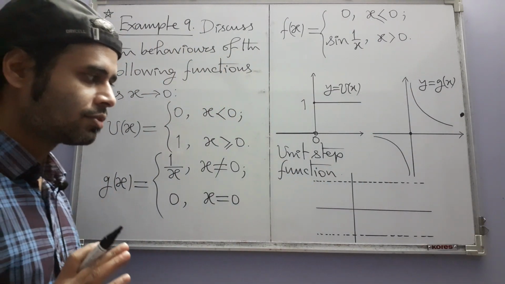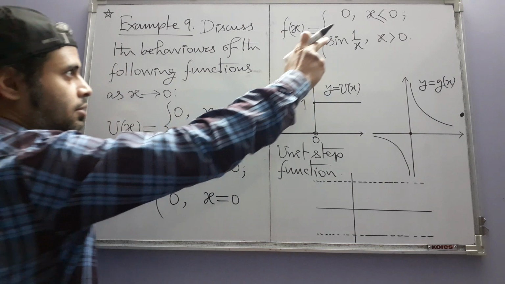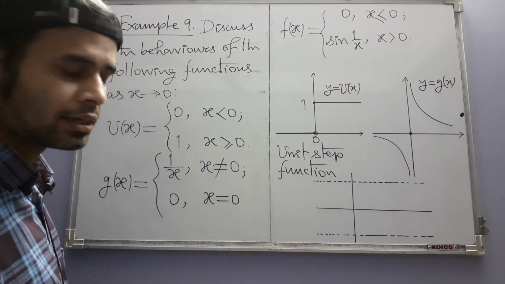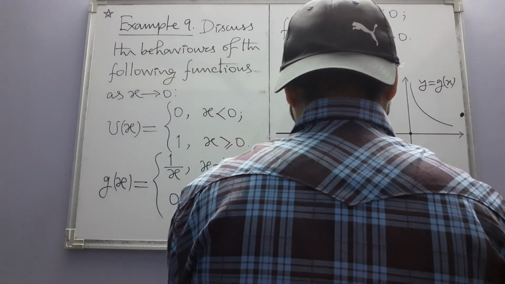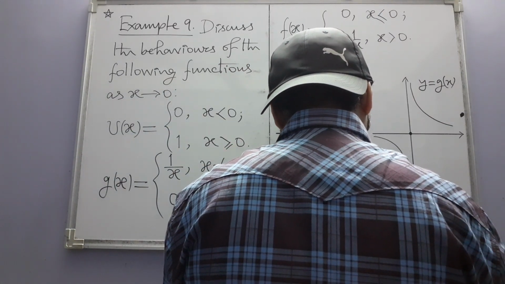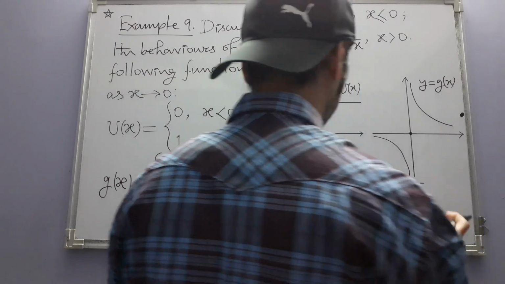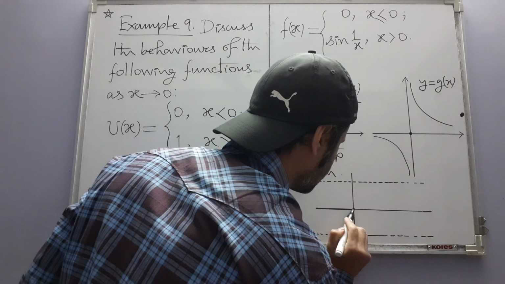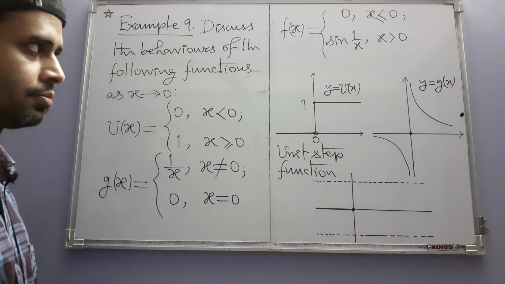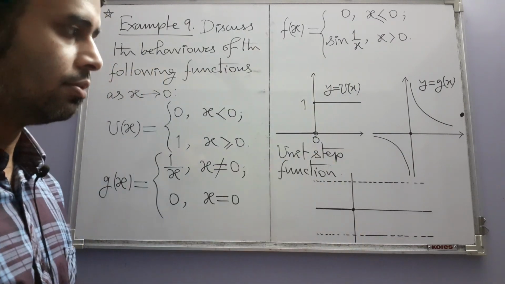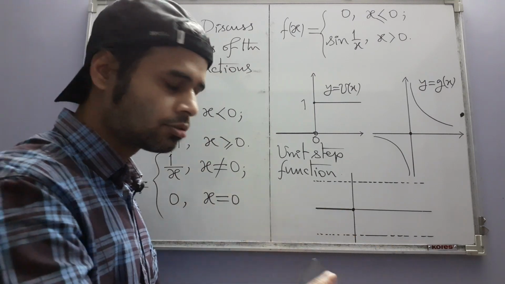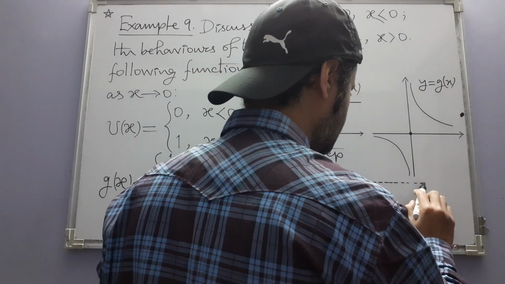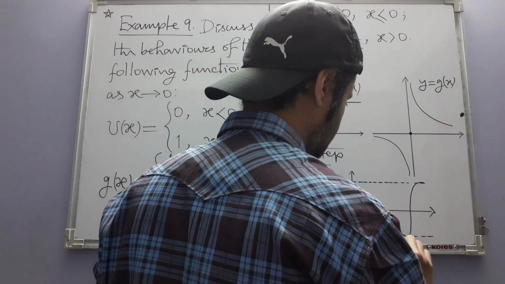So the nature of the graph, you see, when your input is non-positive, either negative or 0, then your output value is constantly 0. And here, unlike this case, the origin actually is taken on. f of 0 is 0, but to the right side of the y-axis, things go like this.